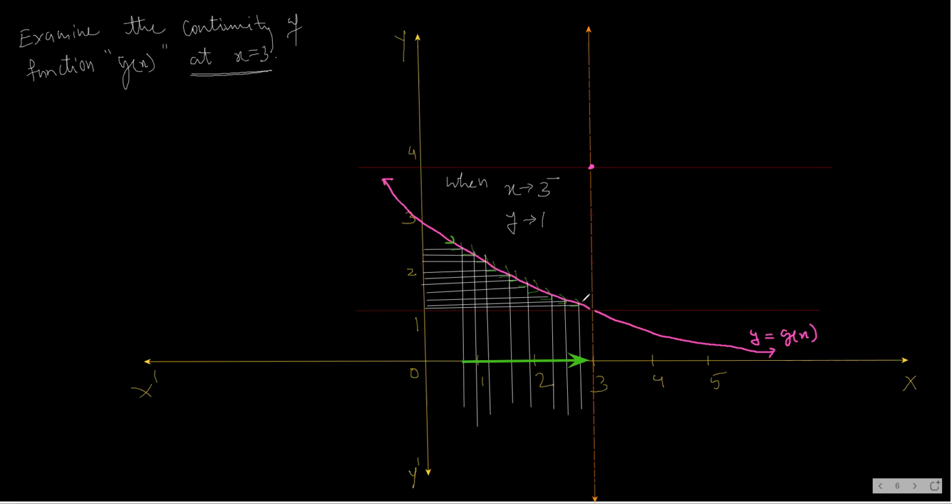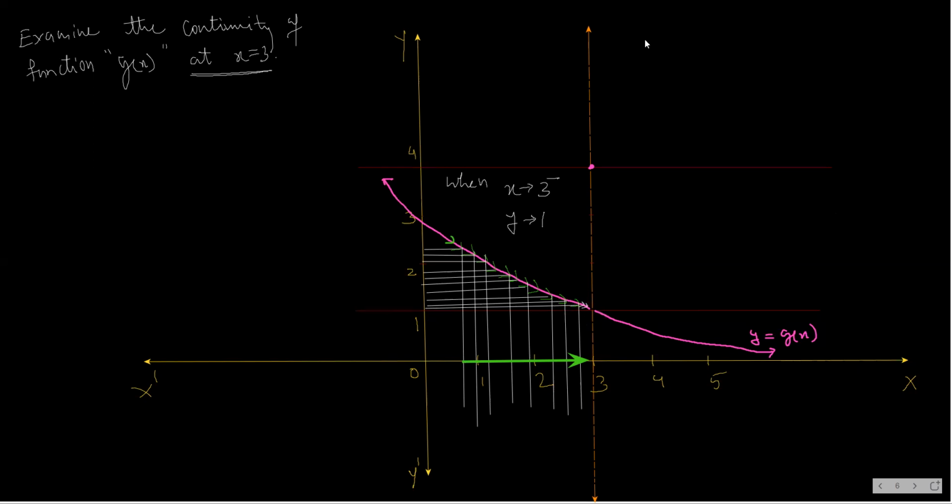The more you go close to 3, the closer you will reach to 1. As you move on approaching 3, the function value will keep on coming close to 1. It will never be below 1. No, it will just keep on coming close to 1.